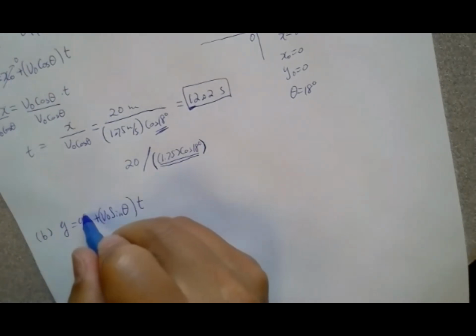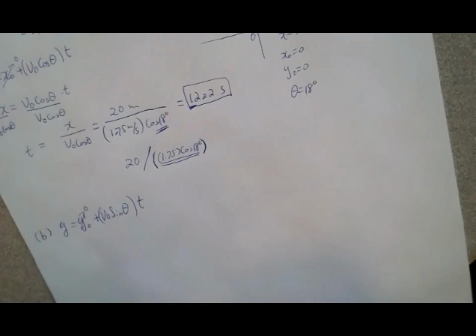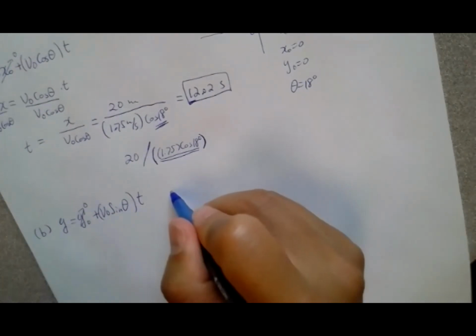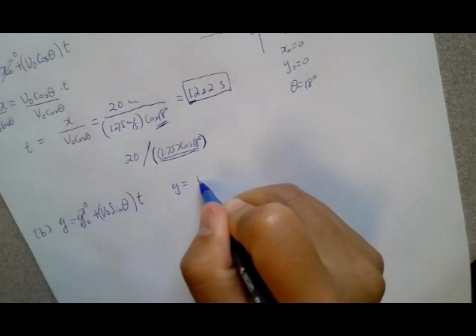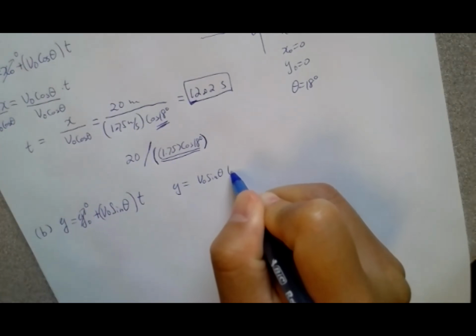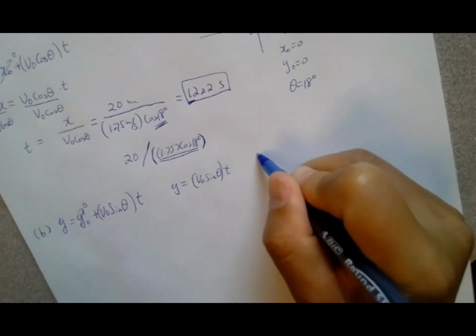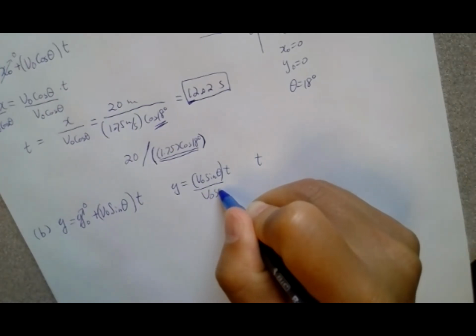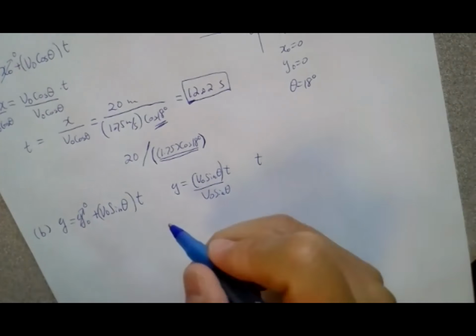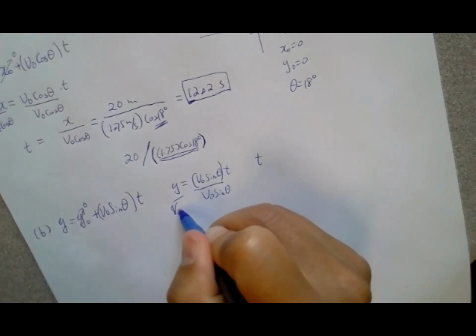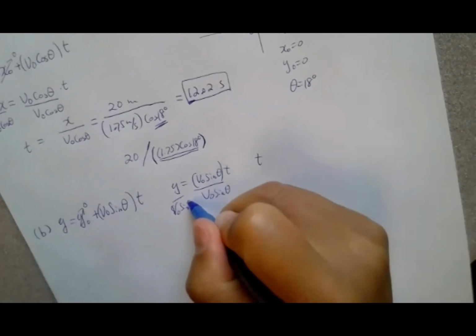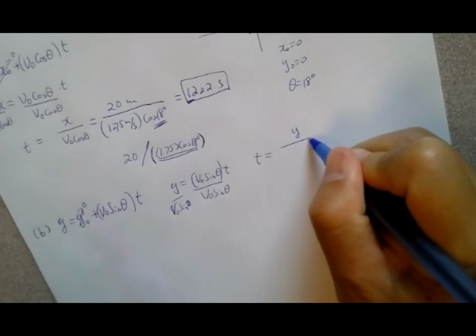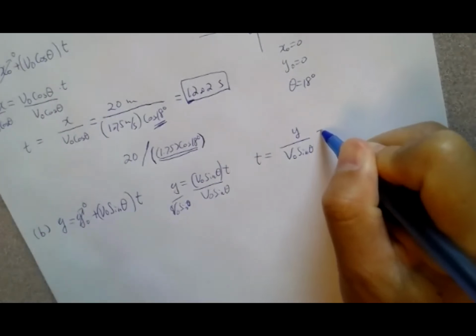Similarly, because the initial position is 0, y equals V0 sine theta times t. Then you divide both sides by V0 sine theta, so t equals y over V0 sine theta.